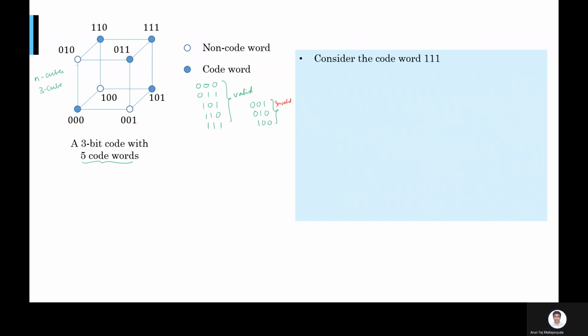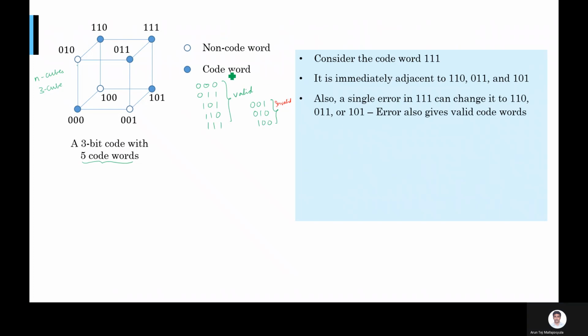Now, what is going to happen? Let us consider the code word 111. It is immediately adjacent to 011, 110, and 101, right? That is how you have joined the edges here. So, if you get a single error in this code word, let us say the error is in the MSB, then you will receive 011.